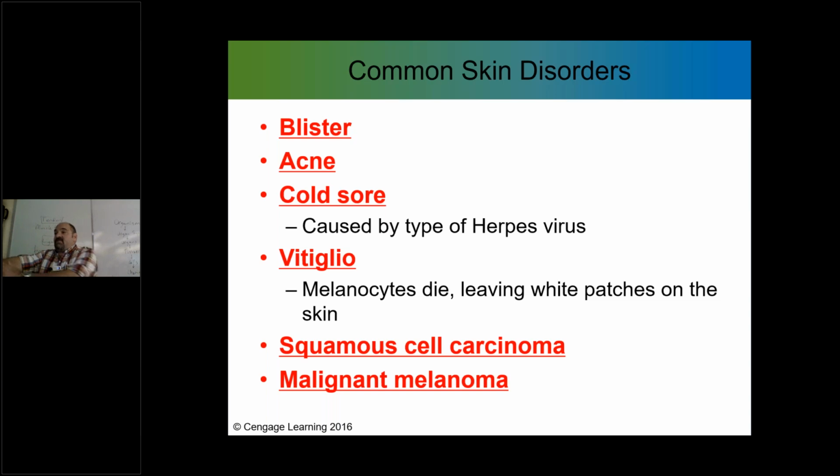So looking at the skin and the pigmentation, there can be white splotches where there's no pigmentation. That's vitiligo. Carcinoma, melanoma, forms of skin cancer and such, affecting specific types of cells in the skin.